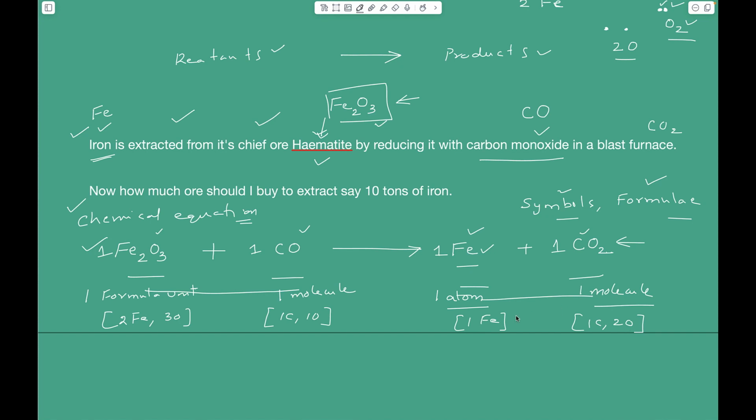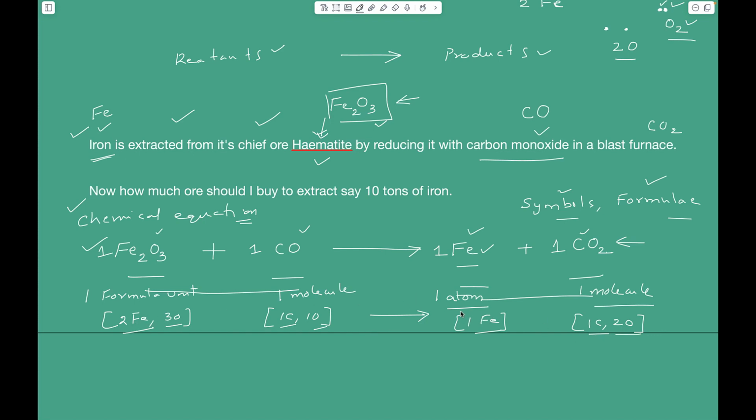Now, if you compare the atoms of each type on both sides, on the side of the reactants and products, you would notice that here we have two iron atoms, but only one iron atom here. Here we have 3 plus 1, 4 oxygen atoms, but here we have only 2 oxygen atoms. Of course, we have one carbon atom each on both sides.